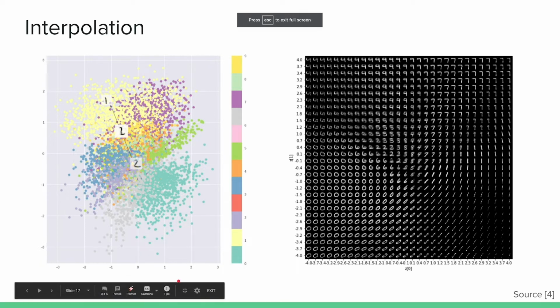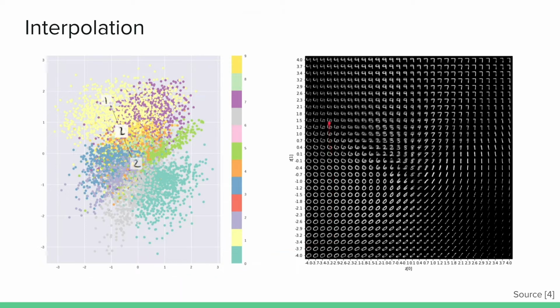When you're moving along this axis, you can see how 0 slowly becomes something that looks like a 6 by opening up that hole up here, and then over here, how you can make it thinner and thinner, and then it becomes something like a 1.